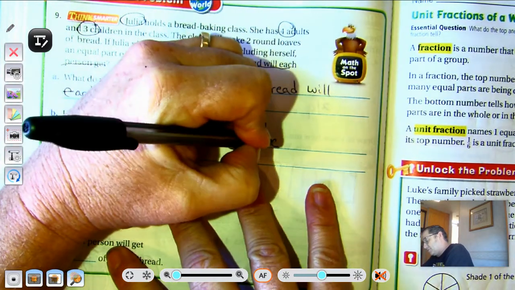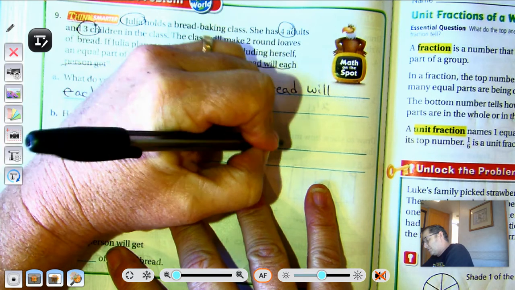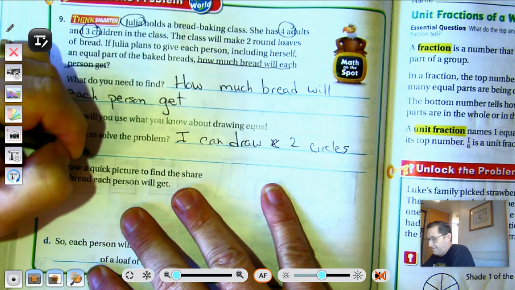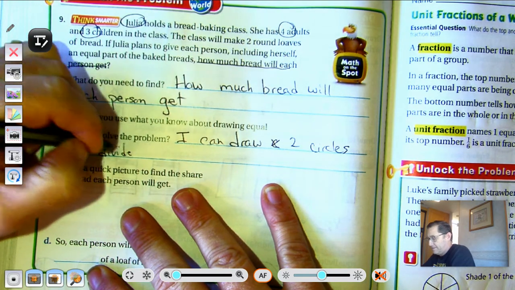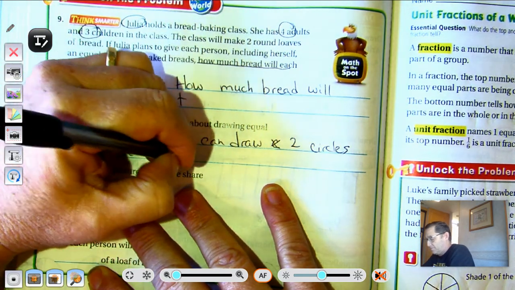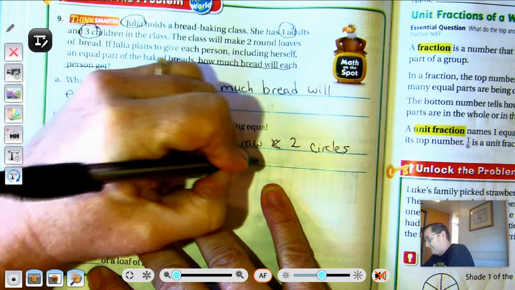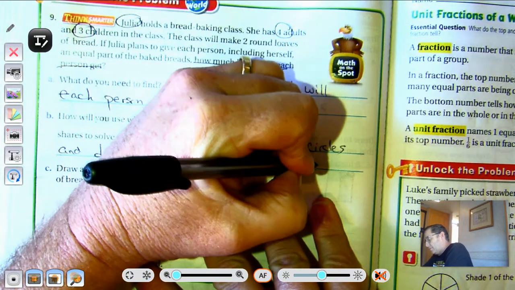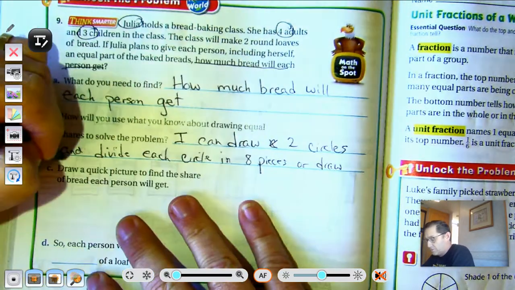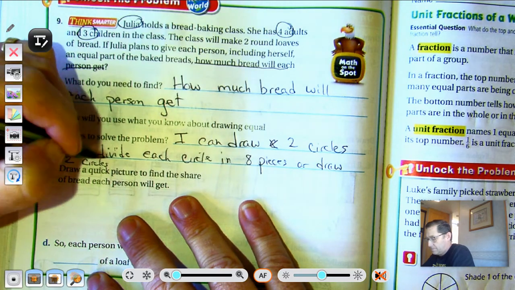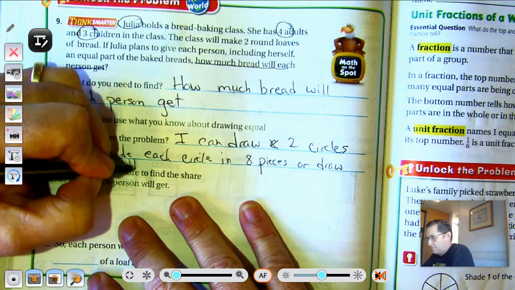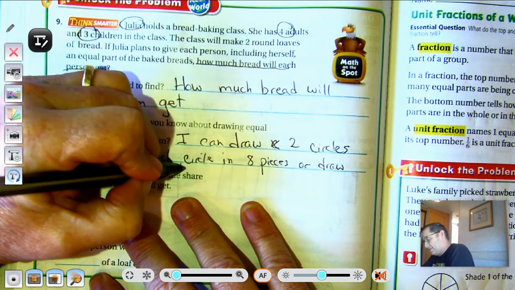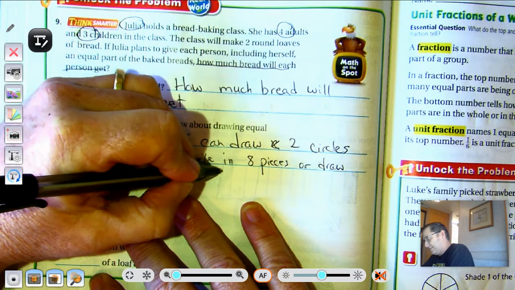I can draw 2 circles and divide each circle into 8 pieces, or draw 2 circles with 8 total pieces.